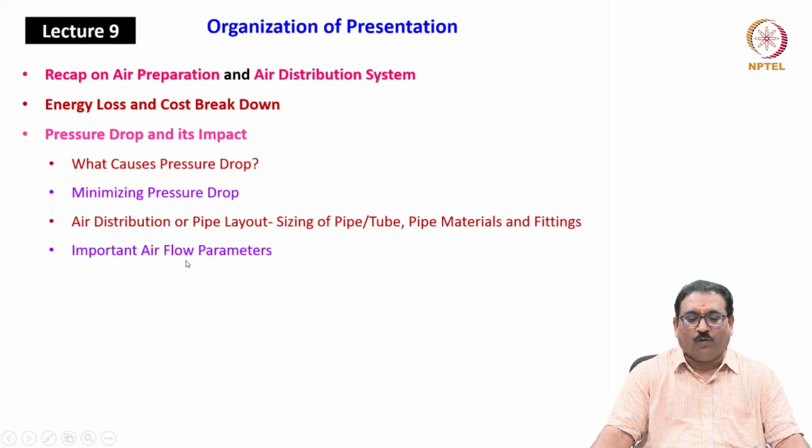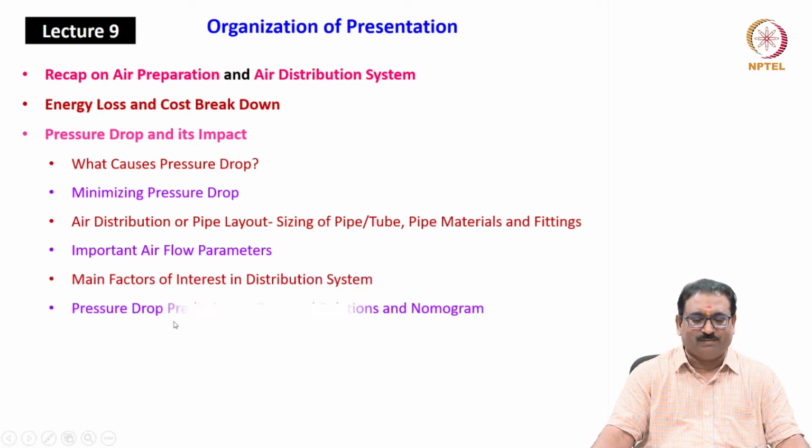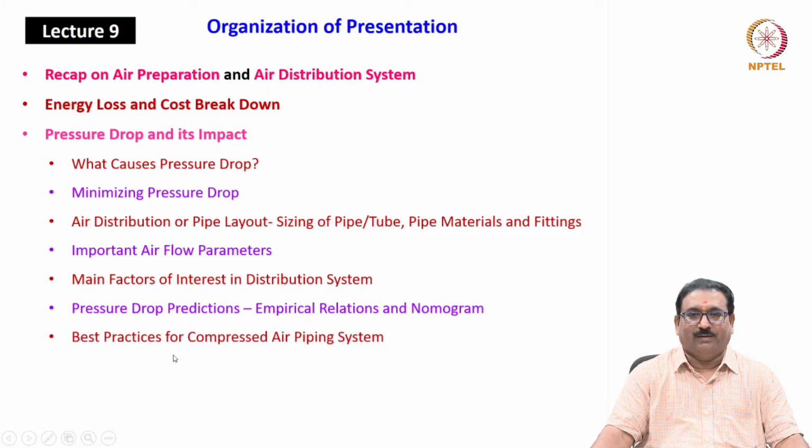Important airflow parameters, main factors of interest in distribution system, then pressure drop predictions using empirical relations and nomogram. Best practices for compressed air piping system, installation tips, and finally I'll conclude today's lecture.